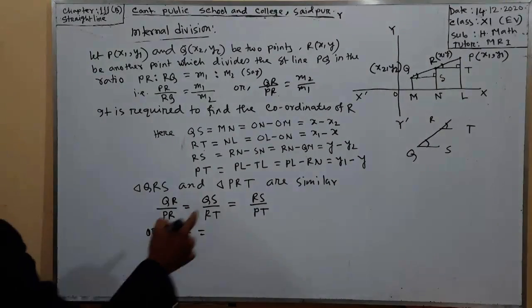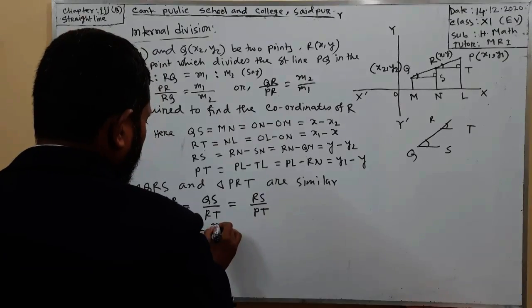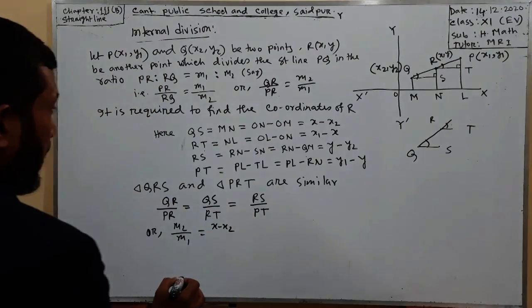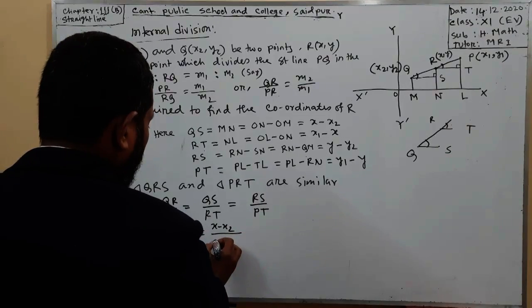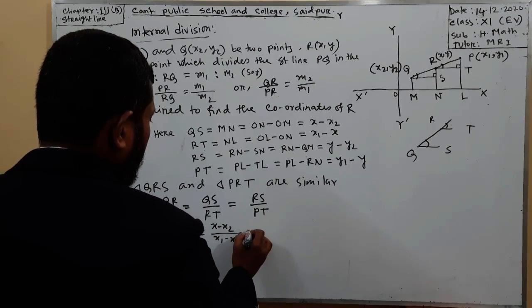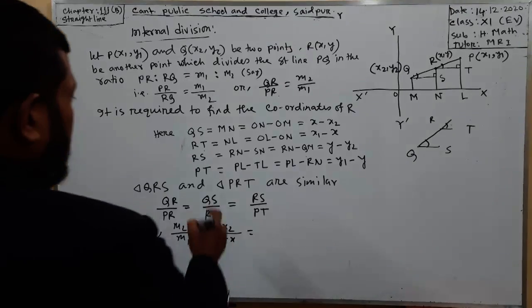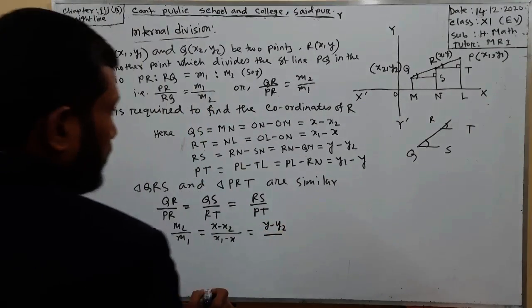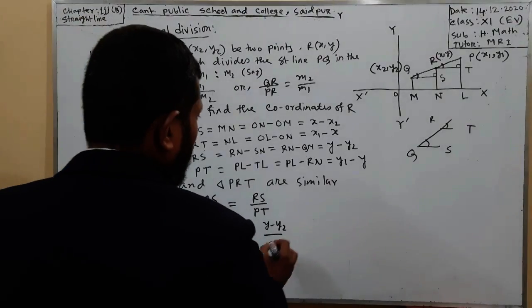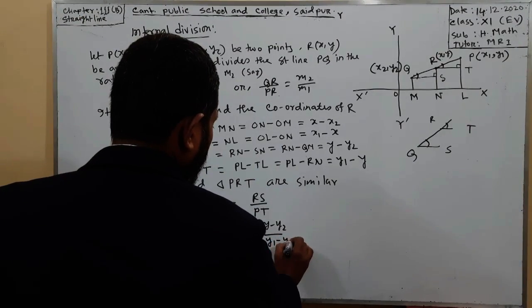Here QS is equal to x minus x2, RT is equal to x1 minus x, RS is y minus y2, and PT is y1 minus y.